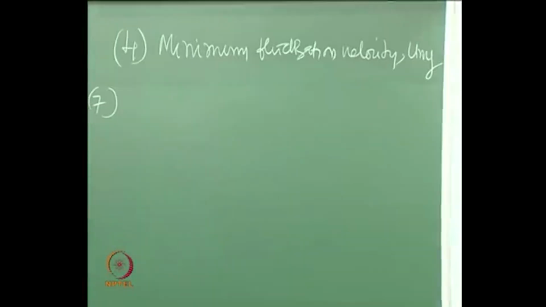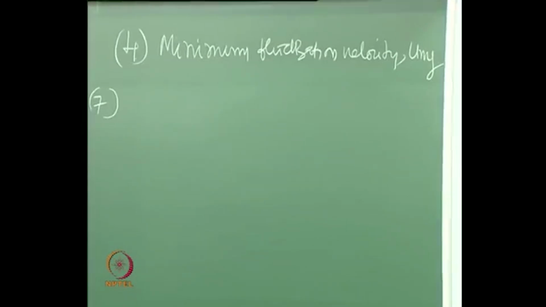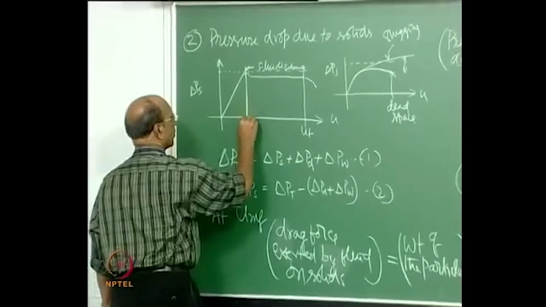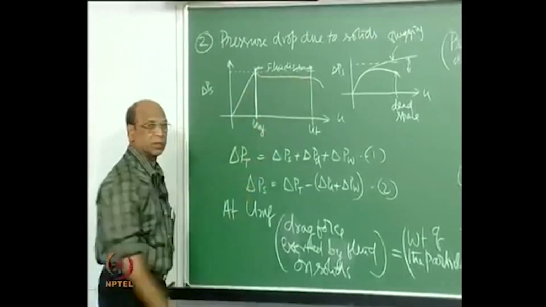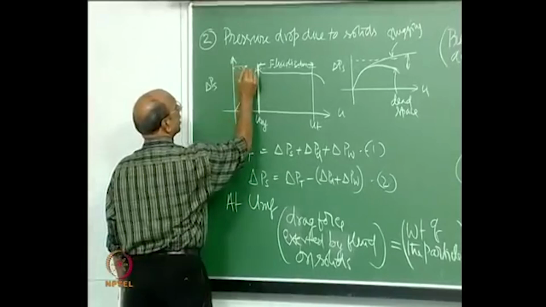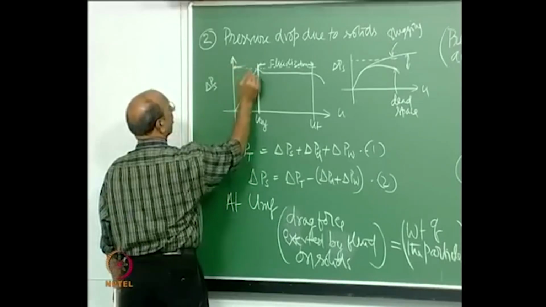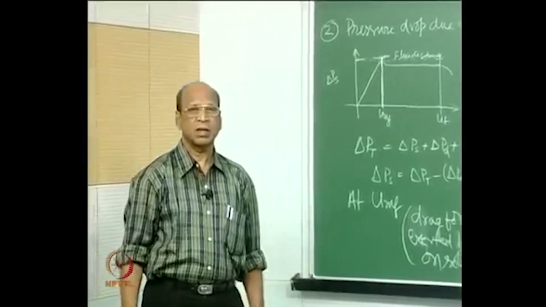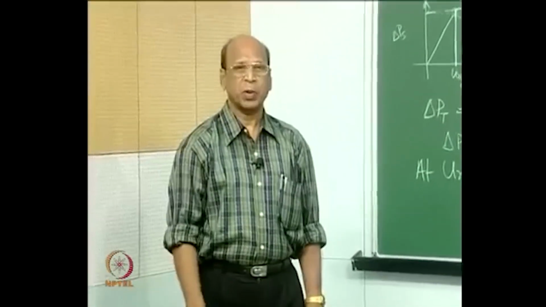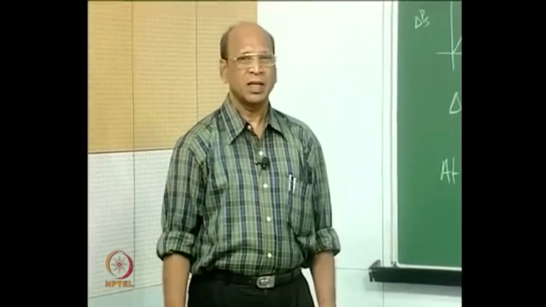Nice ideas have come when you look at this graph. I have written here fluidized bed, fluidization. Before that, what should I write here? Prabhu, what is that region? It is still a packed bed there. Excellent.